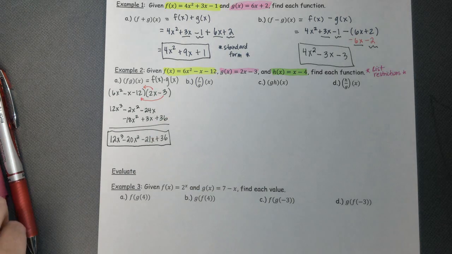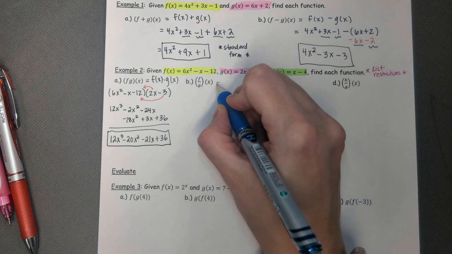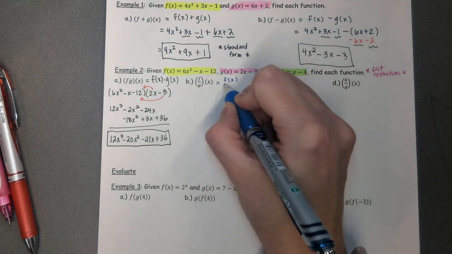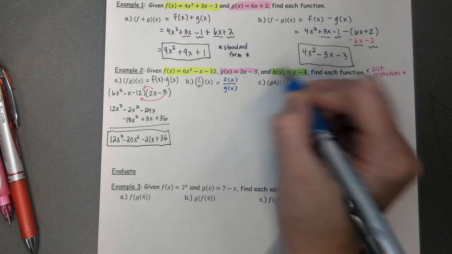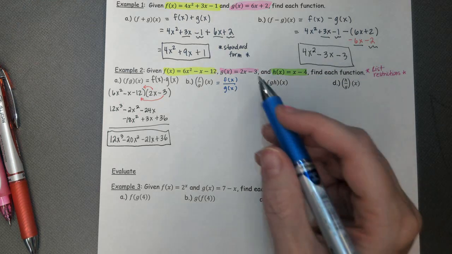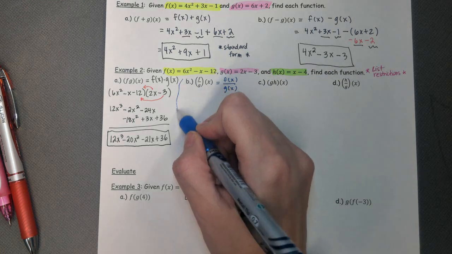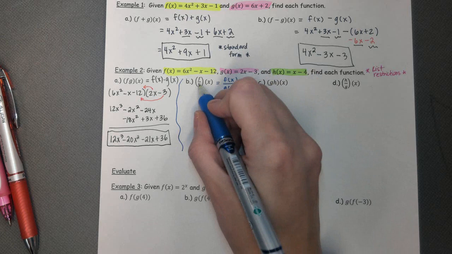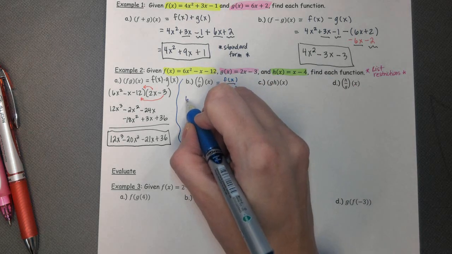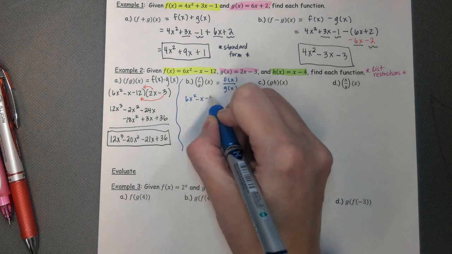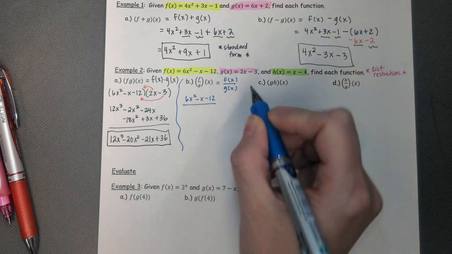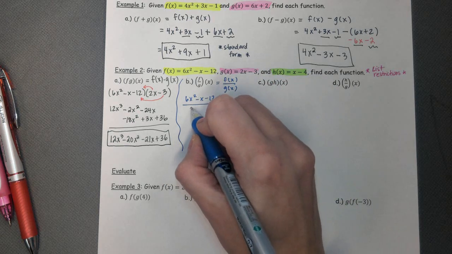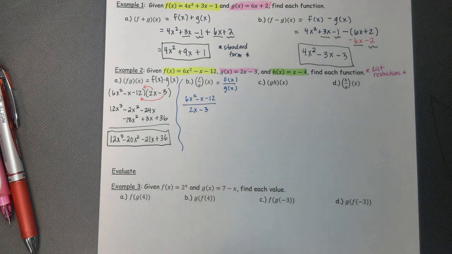In B, we're going to do division. Now, sometimes when you do this, it will simplify. Other times it won't. So for B, I'm just going to make a little thing here. For f of x divided by g of x, what we're going to do is see if we can simplify that.